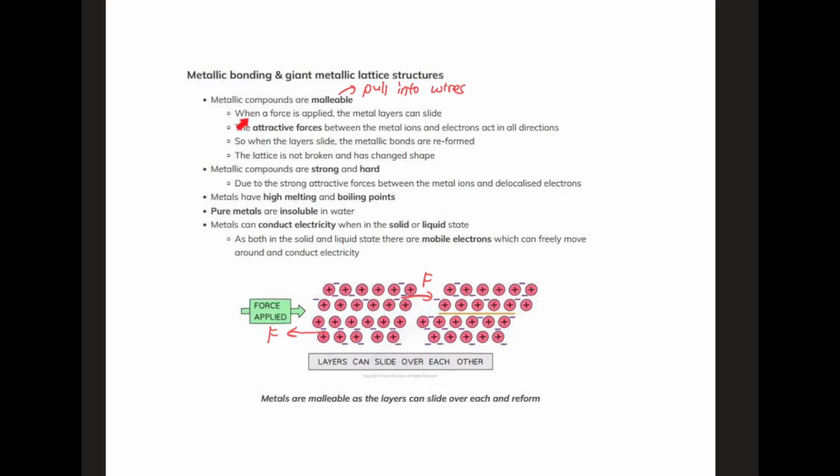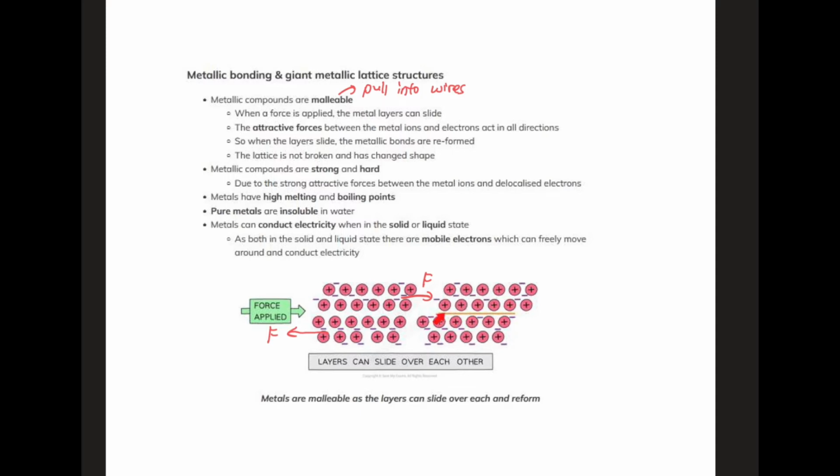Okay, now when a force is applied, the metal layers can slide. The attractive force between the metal ions and electrons acts in all directions. So when the layers slide, the metallic bonds are reformed. That means when it slides, it breaks.